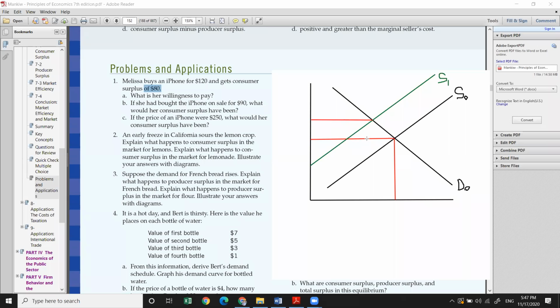And the result is you will see the price of lemons will increase. As you can see here, it was P1, let's make it 10. Now it becomes, let's say, 20. As the supply shifts to the left, the price goes up.